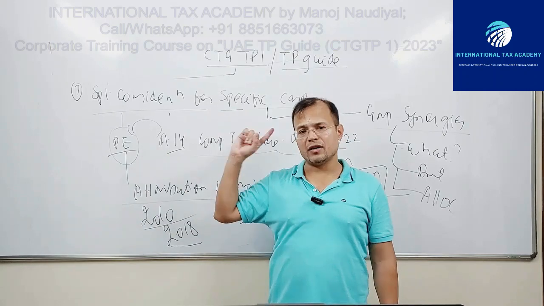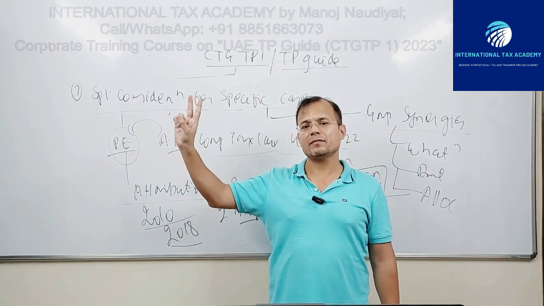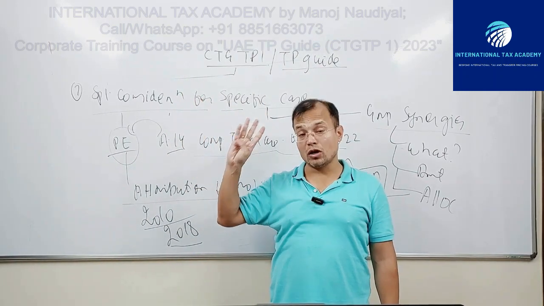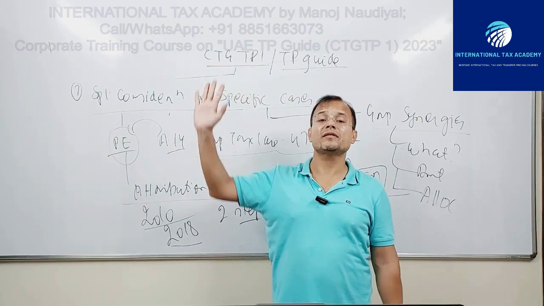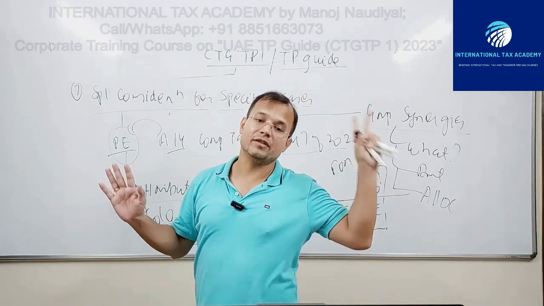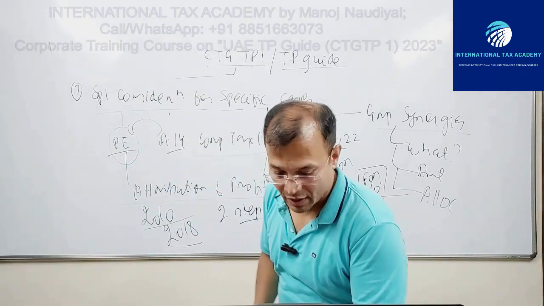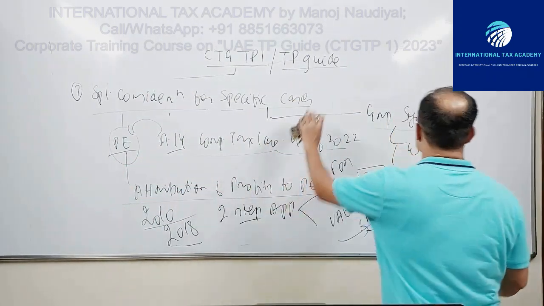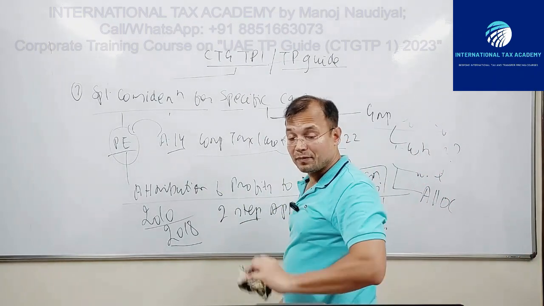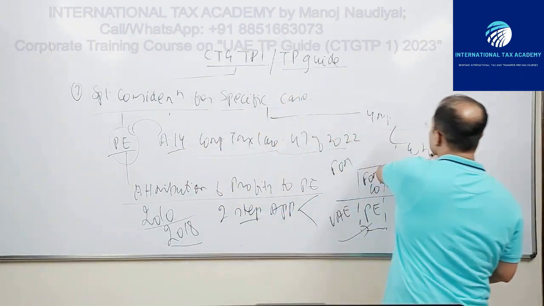So: financial transactions, intergroup services, intangibles, cost contribution arrangements, business restructurings, permanent establishments, group synergies. Beyond this, the 8th section is TP audit and TP risk assessment.